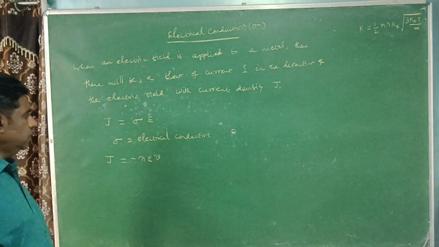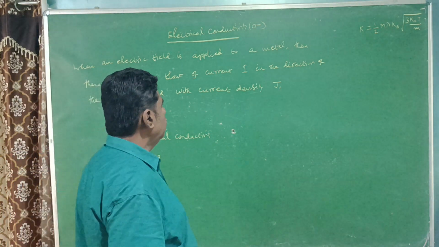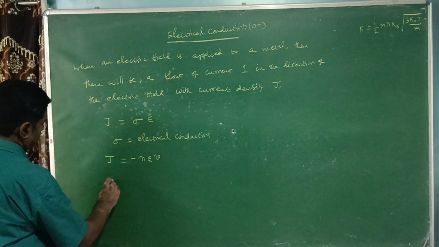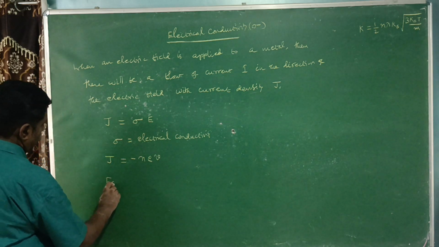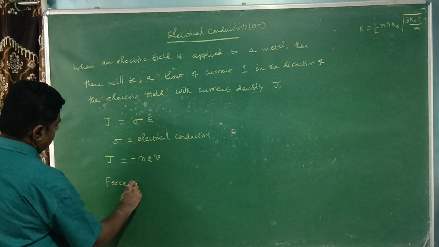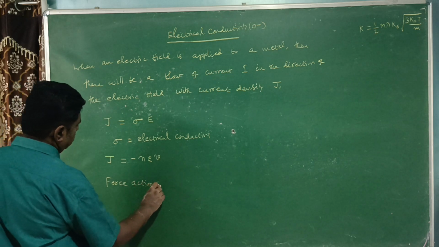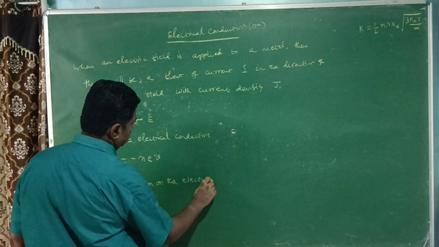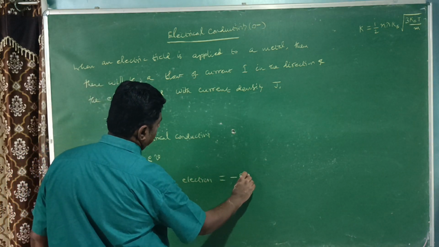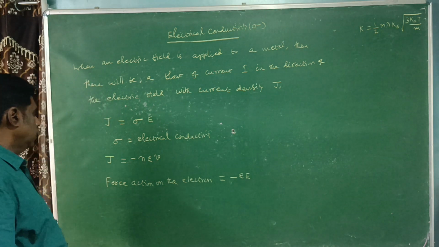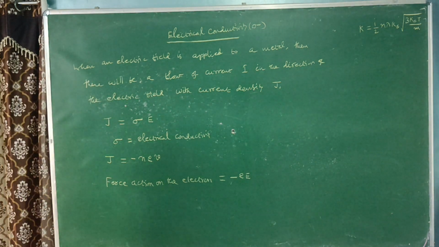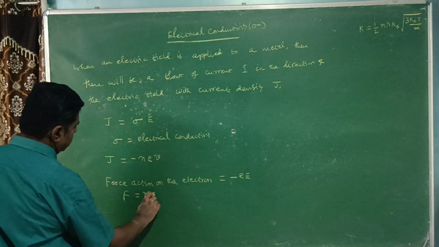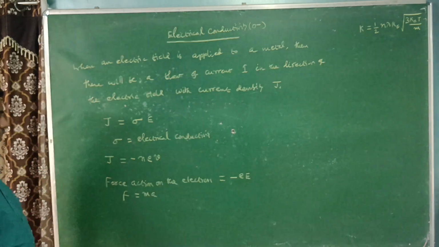Suppose an electric field is applied to a metal, the force acting on the electron is equal to minus e into E. According to Newton's law, F is equal to ma, mass into acceleration.